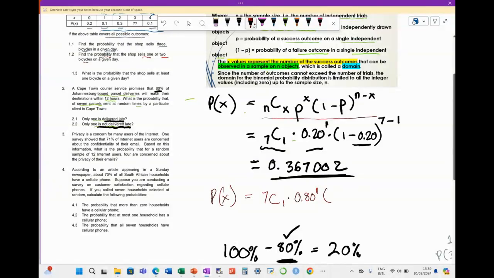If the English is a problem, yeah, it's going to be tough. So then we say 1 minus 0.80 this time to the power, 7 minus 1.